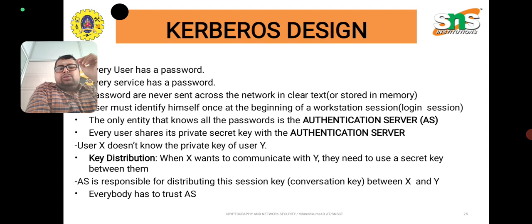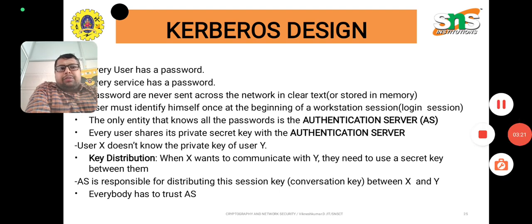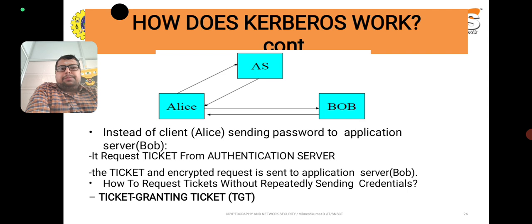When user X does not know the private key of user Y, they exhibit a term called key distribution: when X wants to communicate with Y, they need to share a common key between them. This shared key is used only through the authentication server, because the authentication server is responsible for distributing the session key between X and Y, such that everybody trusts the authentication server.